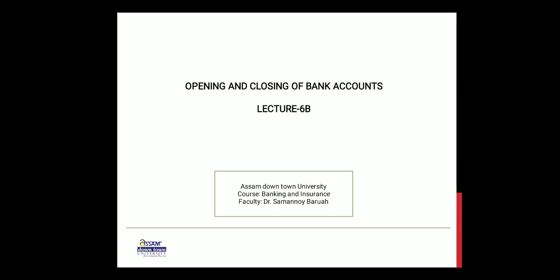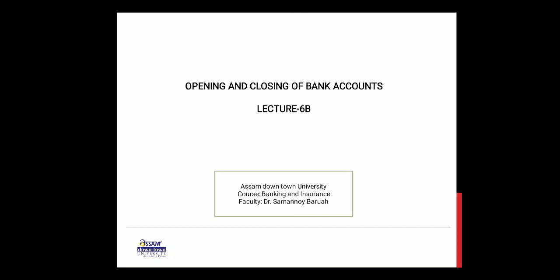Dear students, in the first part of our lecture, we have understood the concept of a bank account. There we have seen that a bank account is a financial account where people, or a common person like us, keep our deposit and the bank maintains it.